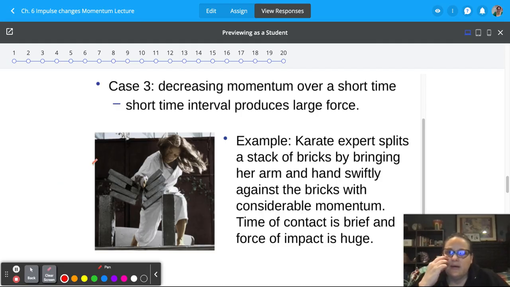Another example of decreasing momentum and manipulating that time interval to change the impact force is in karate or other similar sports where you're breaking bricks or breaking boards. And the trick is that the time of impact is very short. This increases the force that you're able to supply. So your change in momentum, your mass times velocity, that change is fixed.